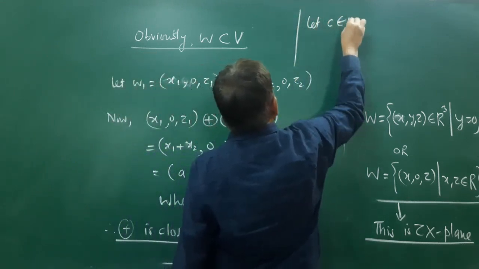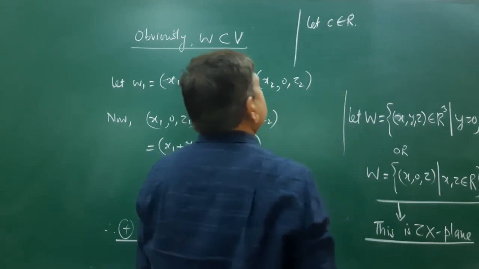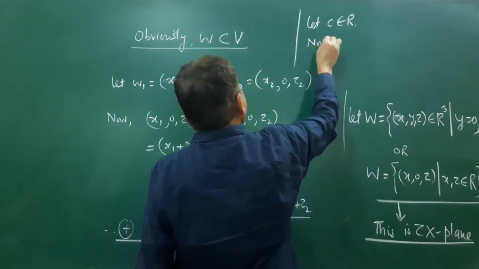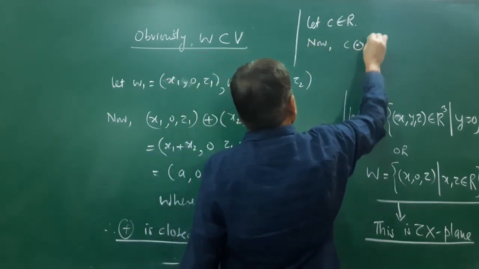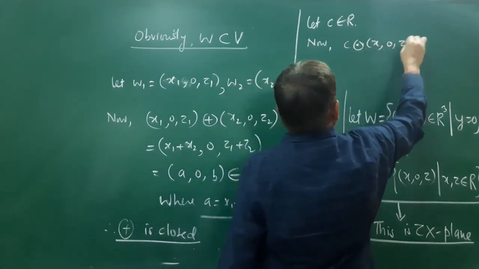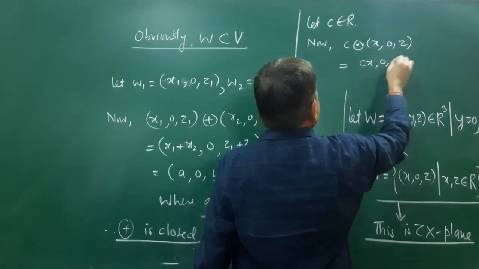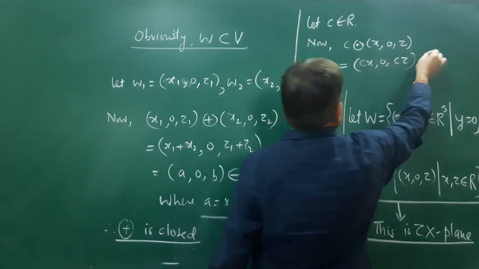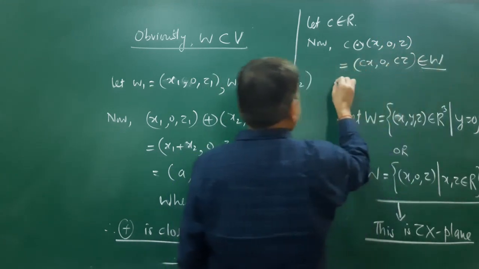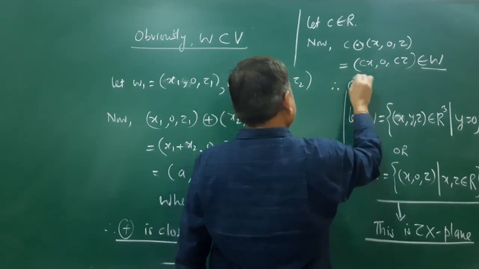Let c belong to R. Now c times W1 equals (c x1, 0, c z1), and this belongs to W. Therefore, W is closed under scalar multiplication.